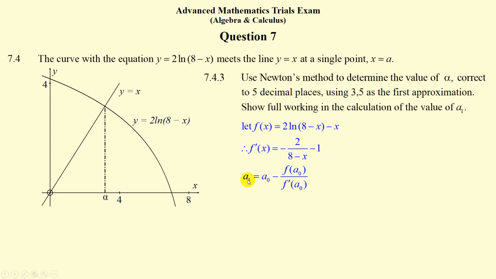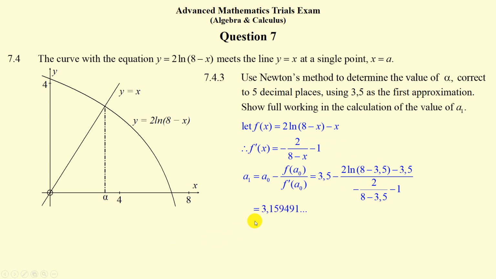A1 equals, now we're going to substitute 3.5 into the first case, because that's where we're starting. A0 is 3.5, and we're going to substitute 3.5 into the derivative. So there we are, substituting into the original function, substituting into the derivative, and it's A0 minus, so 3.5 minus.